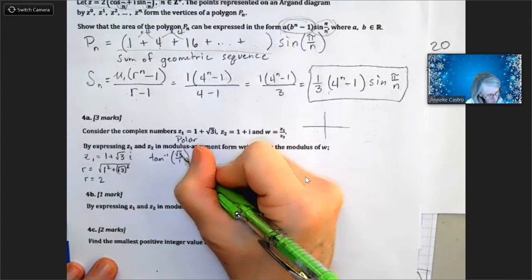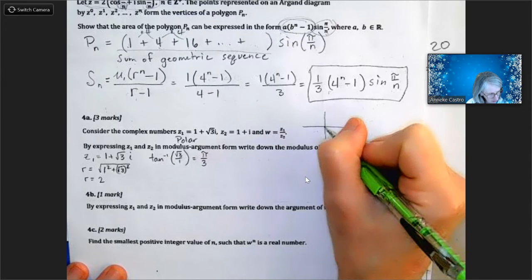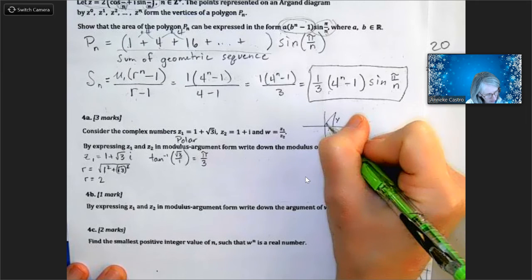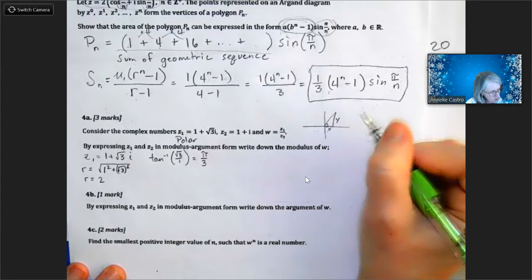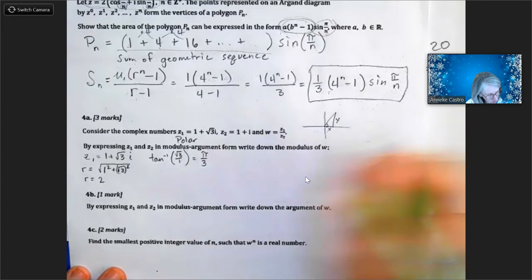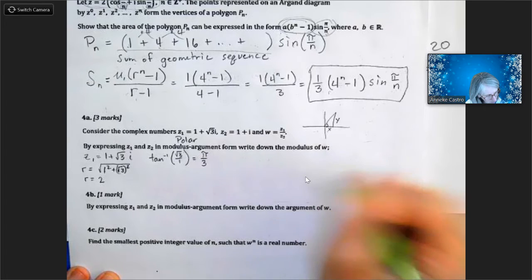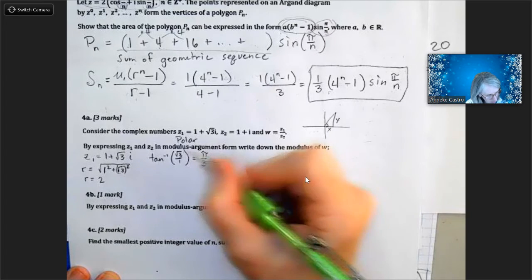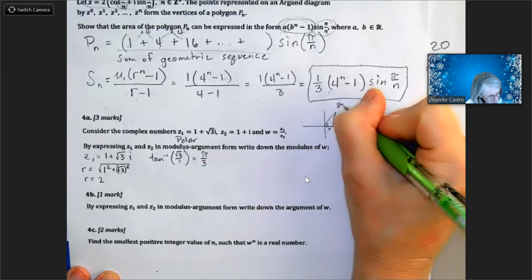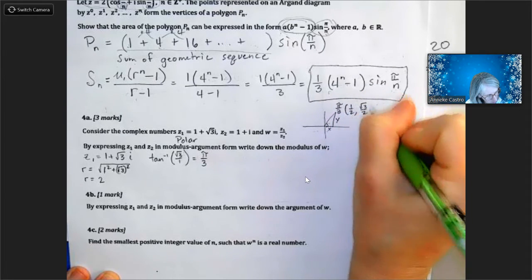Remember tangent is sine over cosine, because it's going to be y over x, opposite over adjacent. So I'm looking for a sine that has square root of 3 in the numerator, so that when I divide it by the cosine, I'm left with the square root of 3. So that happens to be at pi over 3 because it is 1/2, square root of 3 over 2.